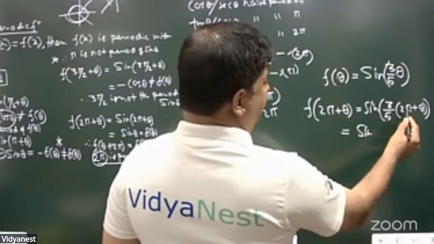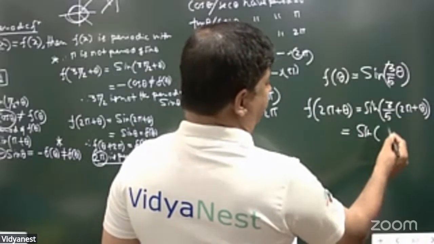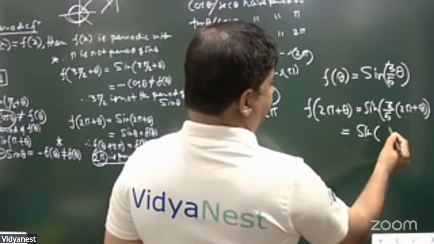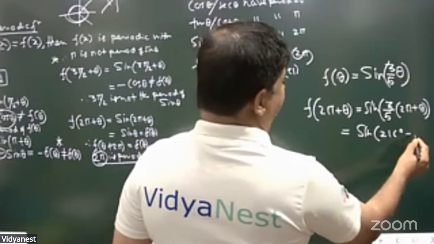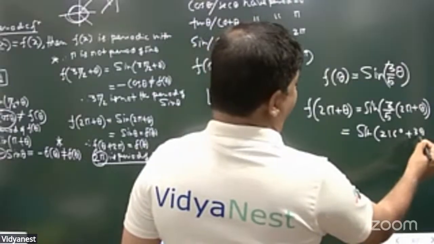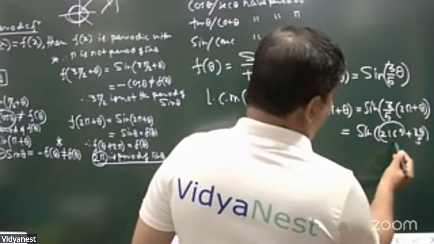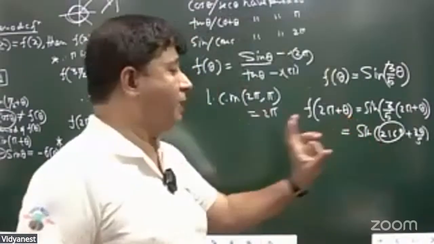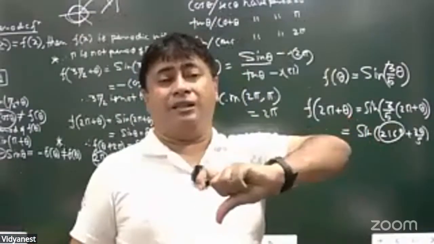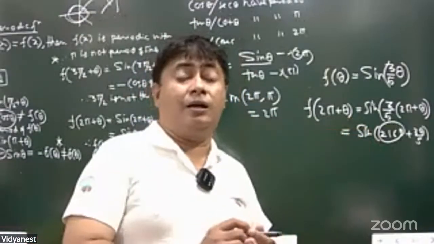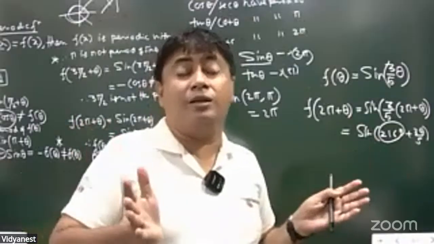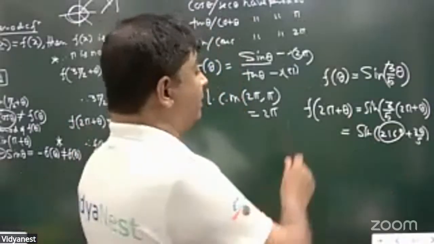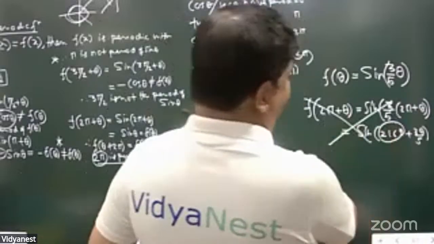See, 6 pi by 5 plus 3 theta by 5, 216 degrees plus 3 theta by 5. So we have not got the angles in terms of 90 degrees, so we can't come to any conclusion. So this method is not right.